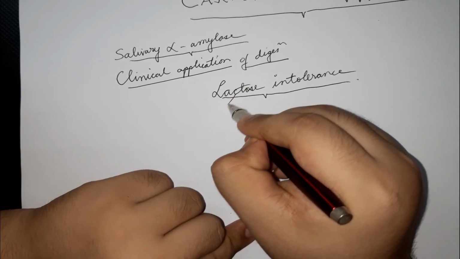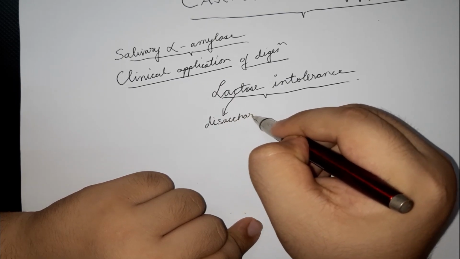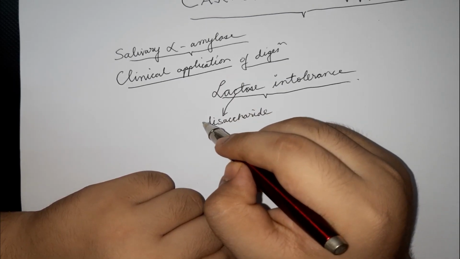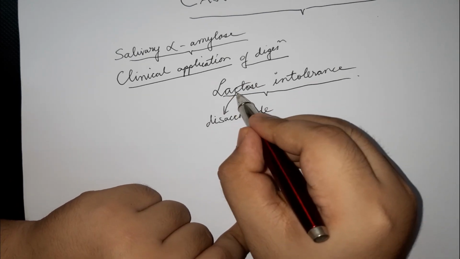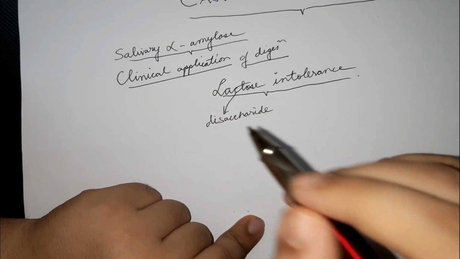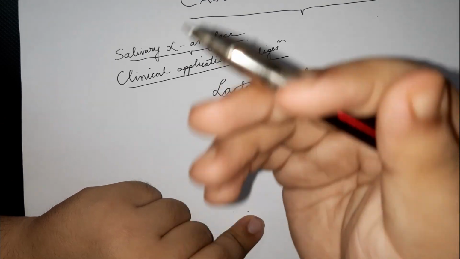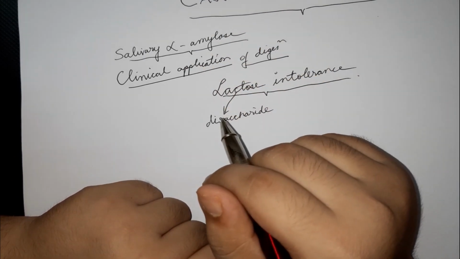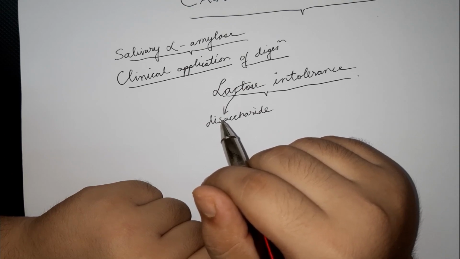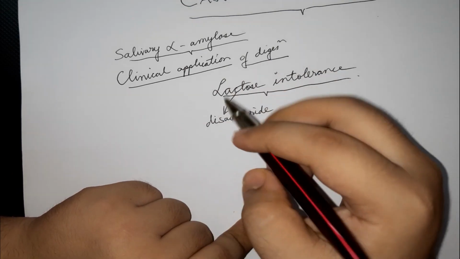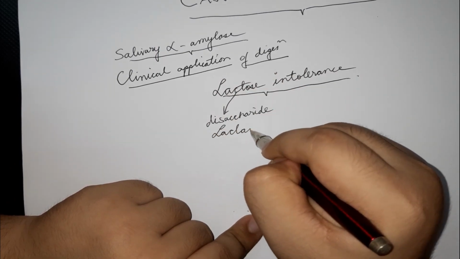Now lactose itself, we know that it's a disaccharide, made up of galactose and glucose. What happens is that when we consume lactose and it reaches the intestine, the brush border epithelium of the intestine has a special enzyme known as lactase.